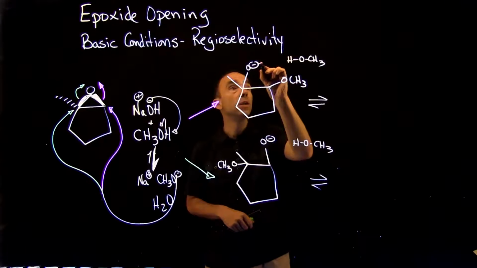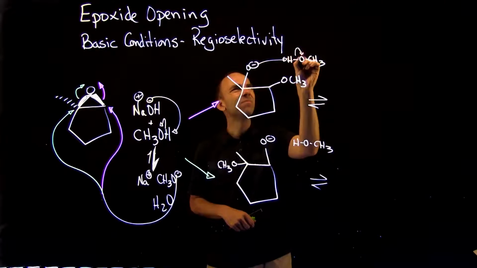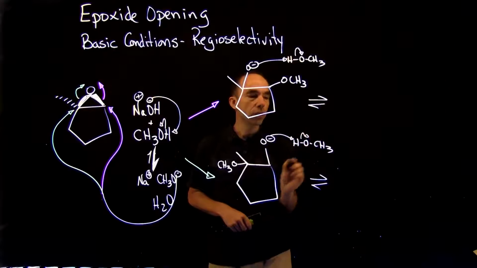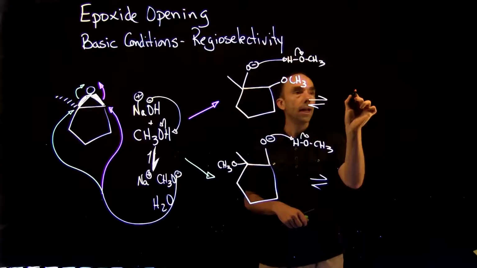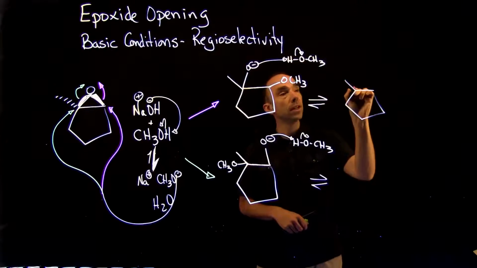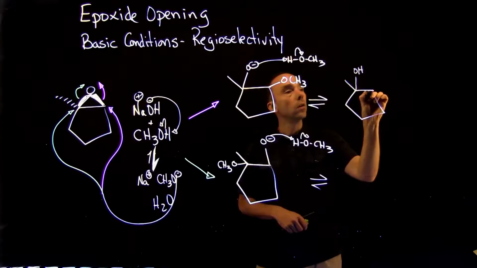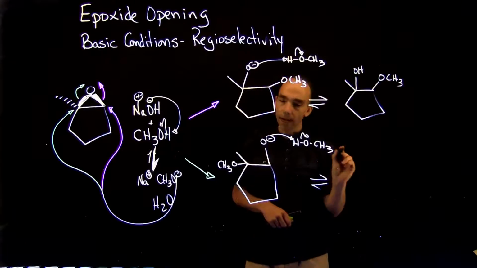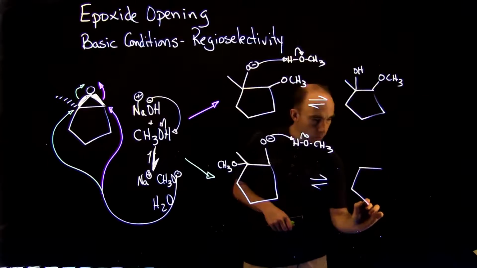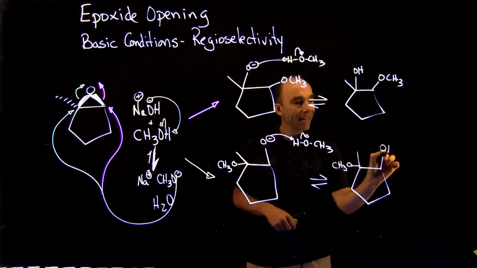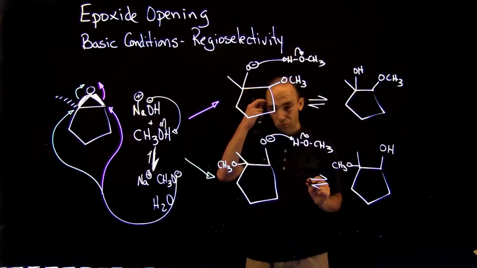So we have protonation, cleavage of the hydrogen-oxygen bond, and that will form the two possible products, alcohol and methyl ether, and a similar functional group here. I could say identical functional groups, but at a different position, alcohol and methyl ether.